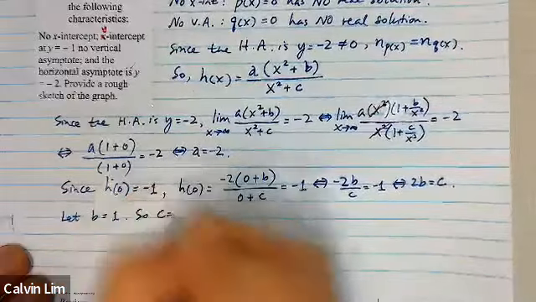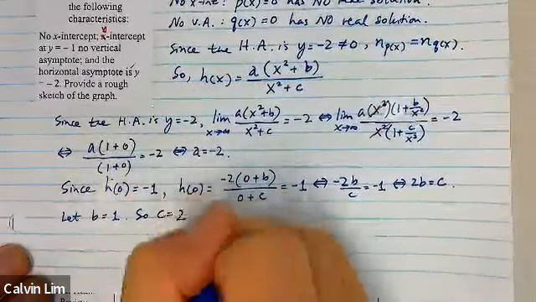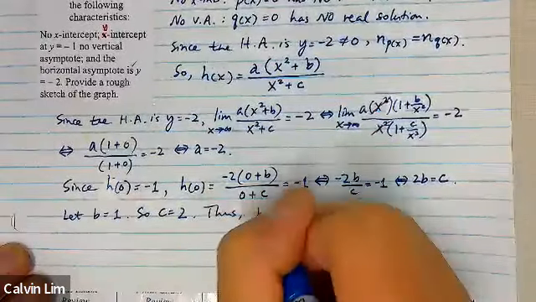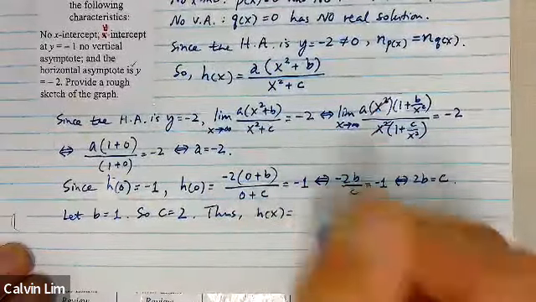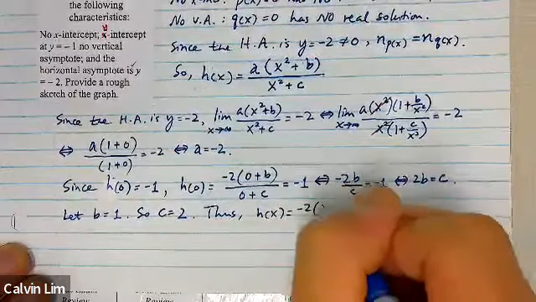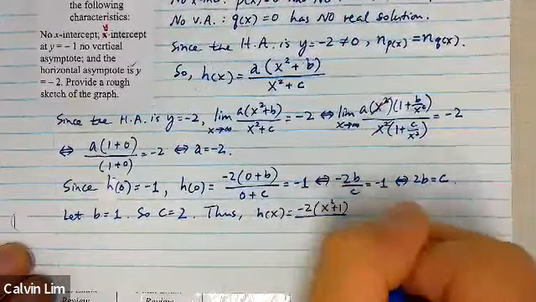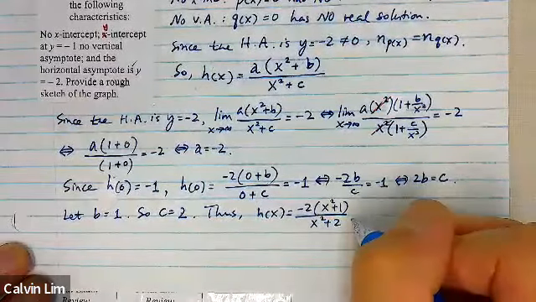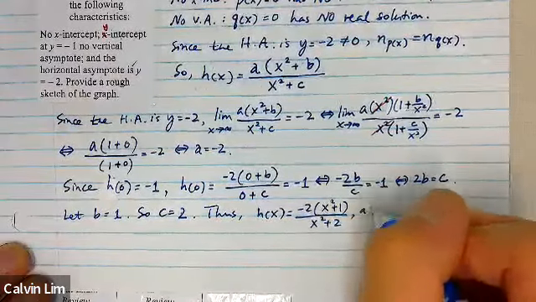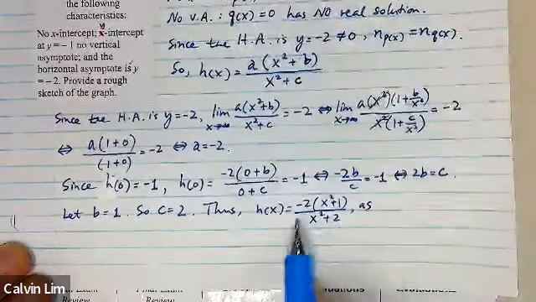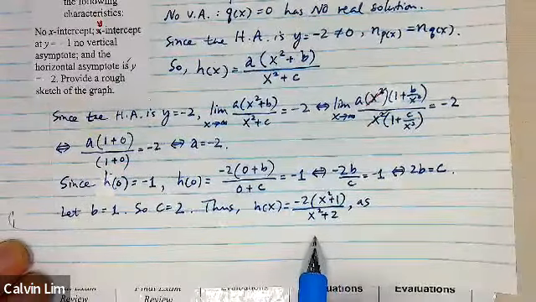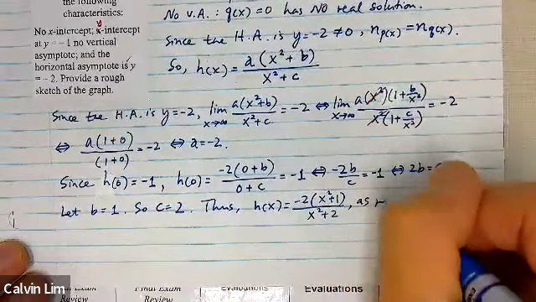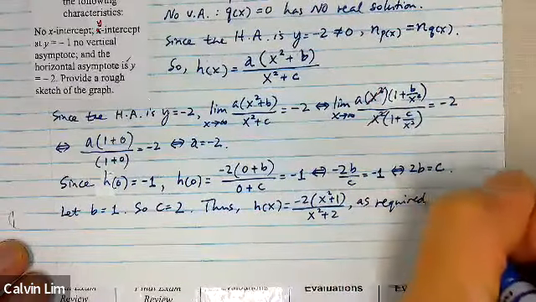So what would c be? c would be 2. Thus, I have a function h of x which equals (-2 x squared plus 1) over (x squared plus 2). Any restriction? No restriction, because x can be any value and the denominator will always be defined, as required.